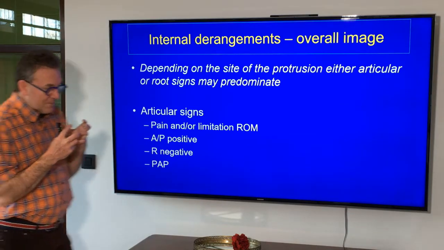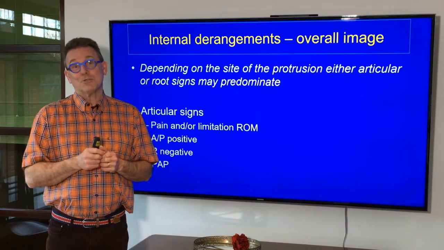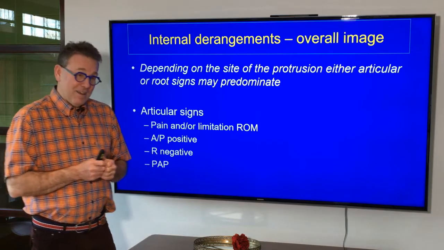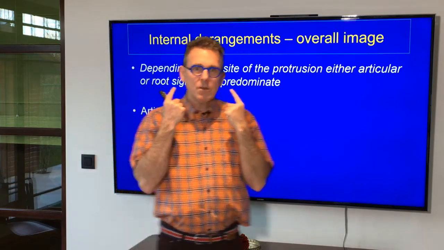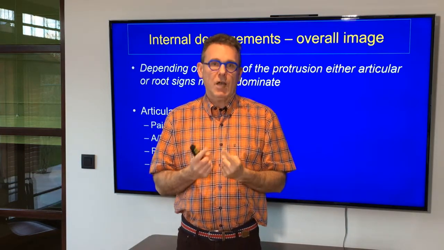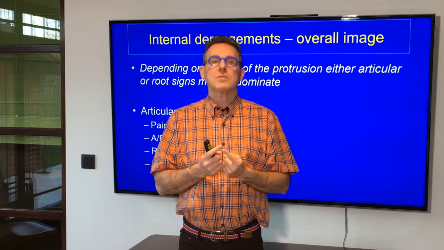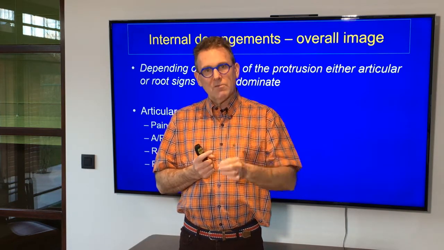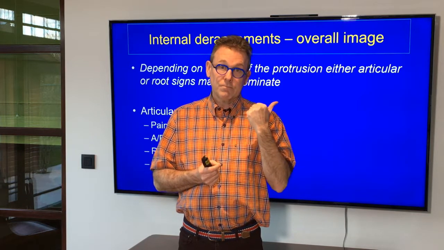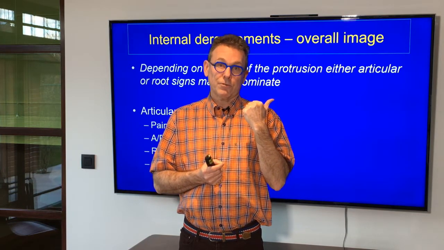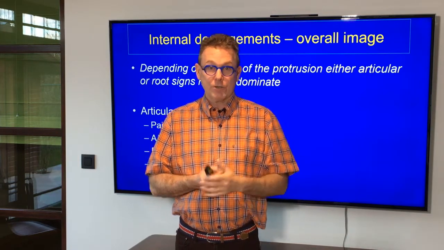Well, first of all, it depends on the size and it depends on the location. The more central an internal derangement, the more influence it has on your articular tests. Rotation, side flexions, extension, they could be more painful and more limited. The more lateral protrusion, the less influence on your articular test.